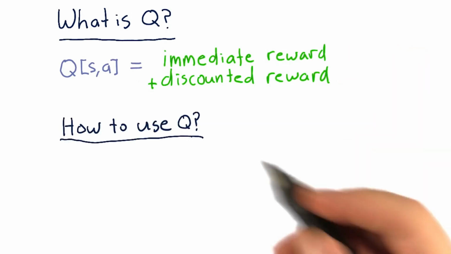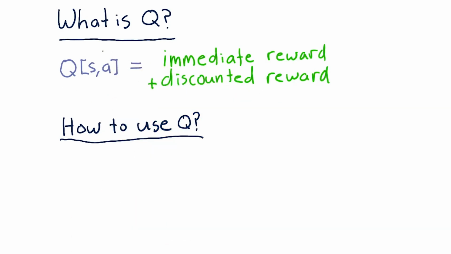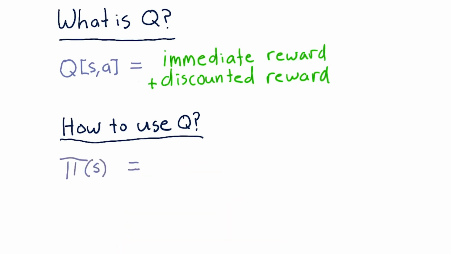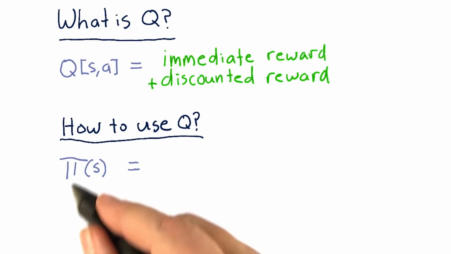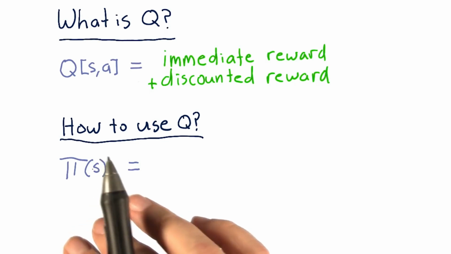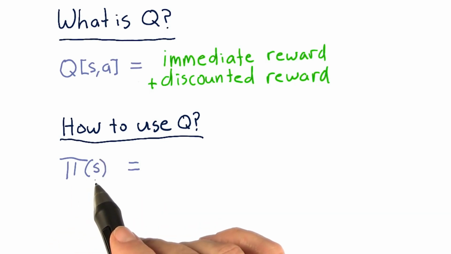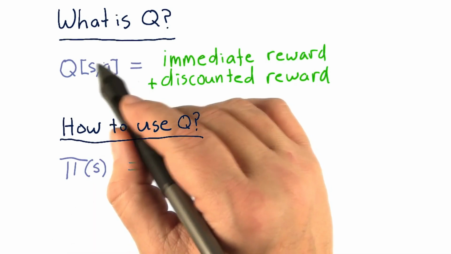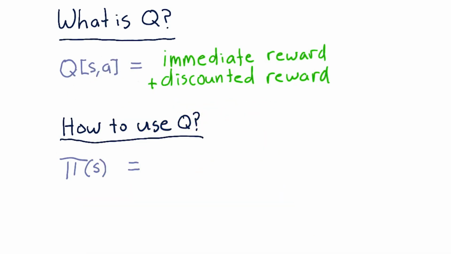Let's suppose we have Q already created for us. We have this table. How can we use it to figure out what to do? What we do in any particular state is the policy, and we represent the policy with pi. So pi of S means what is the action we take when we're in state S, or what is the policy for state S. We take advantage of our Q table to figure that out.